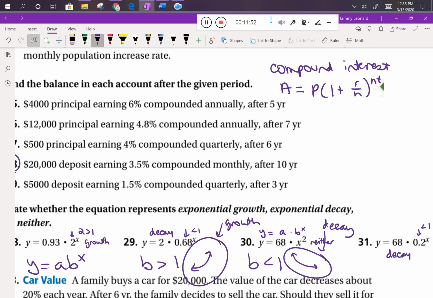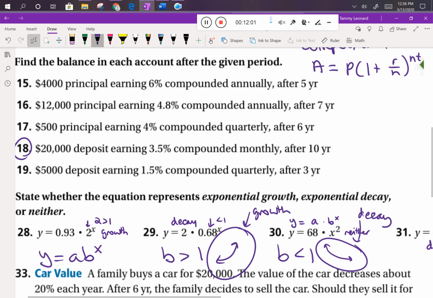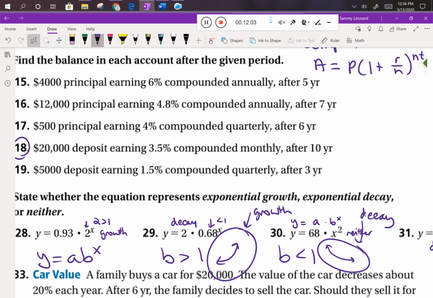Everybody's good? Yeah? All right, so it says, find the balance in each account after the given period. So $20,000 deposit, earning 3.5% interest compounded monthly after 10 years. Okay, so the $20,000, which variable should that go in for?